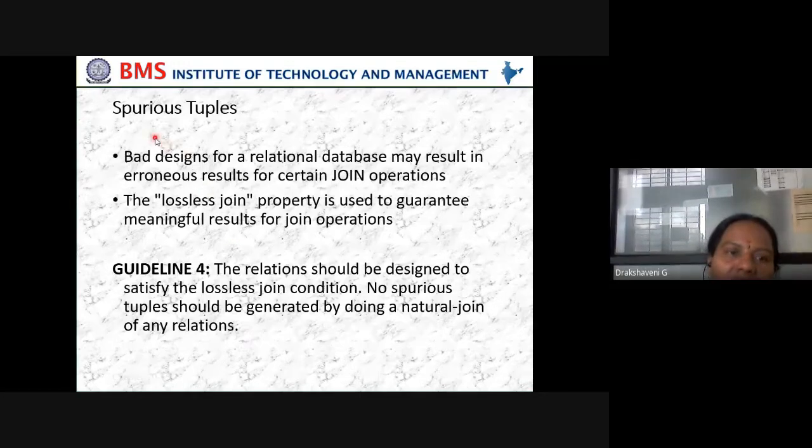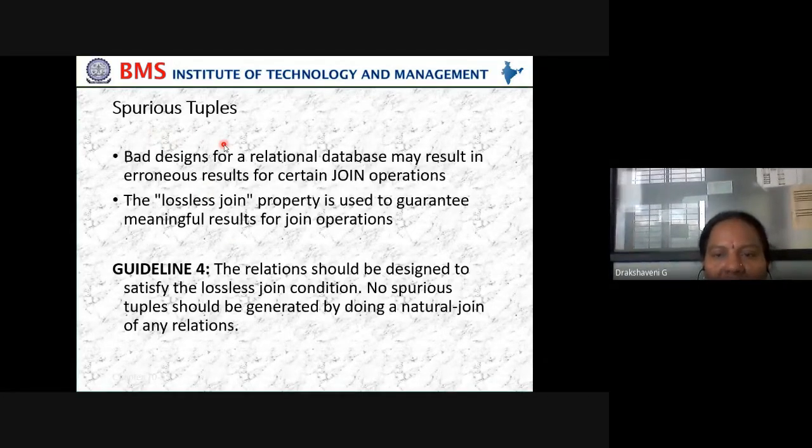Then next is surplus tuples. Bad design for a relational database may result in erroneous results for certain join operations. The lossless join property is used to guarantee meaningful results for join operations. So the guideline is that relations should be designed to satisfy the lossless join condition.